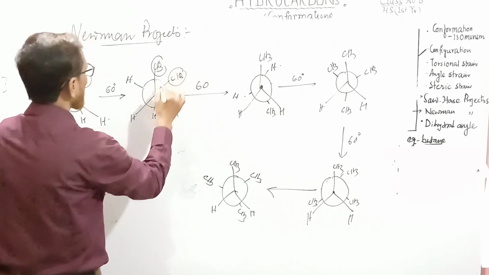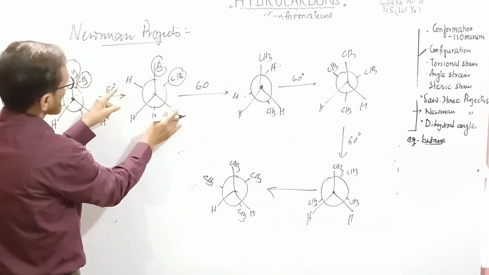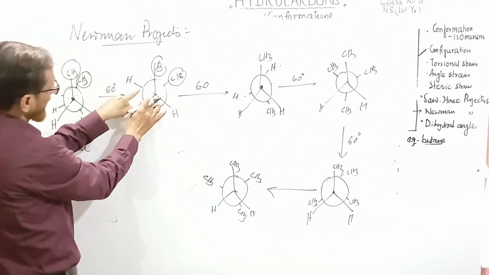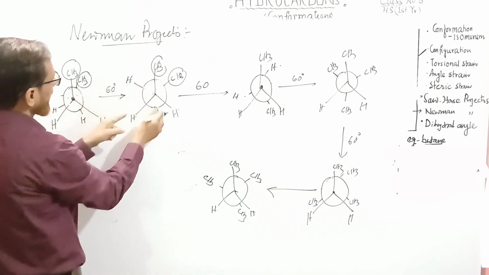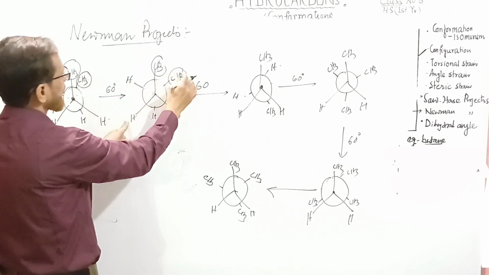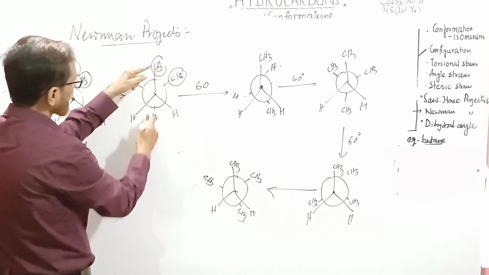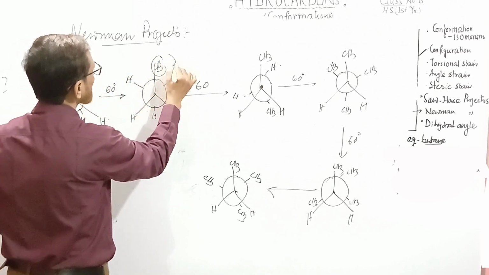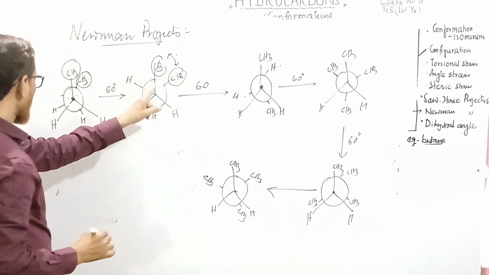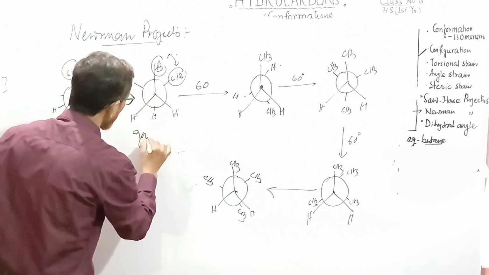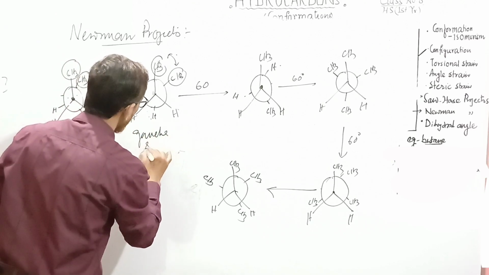All are opposite to each other, but these two groups are side by side, so it is Gauche, but Gauche staggered.